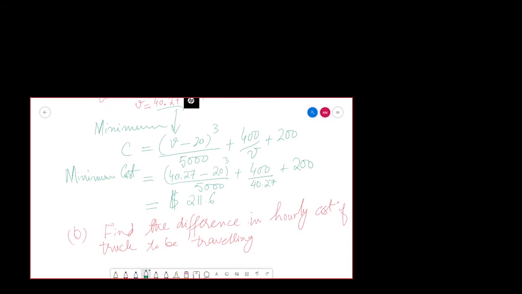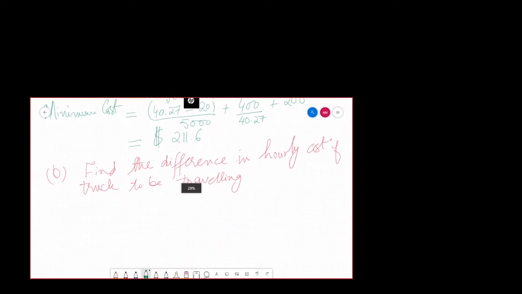Now the second question is, find the difference in hourly cost if the truck is traveling at the posted speed limit. What is its posted speed limit? We knew that it was 80 kilometers per hour. How to know this difference? Do you substitute 80 into the differentiated equation?